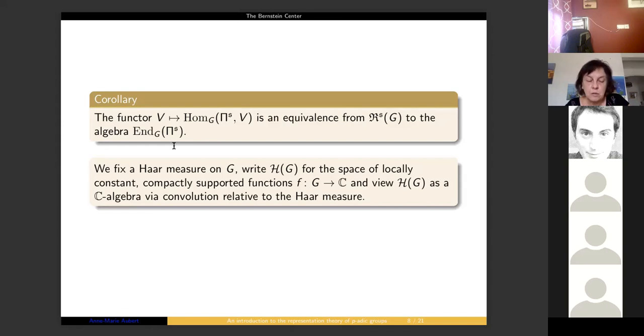And quite recently, Maarten Solleveld studied this in general, and the result is that this endomorphism algebra is a twisted extended affine Hecke algebra.